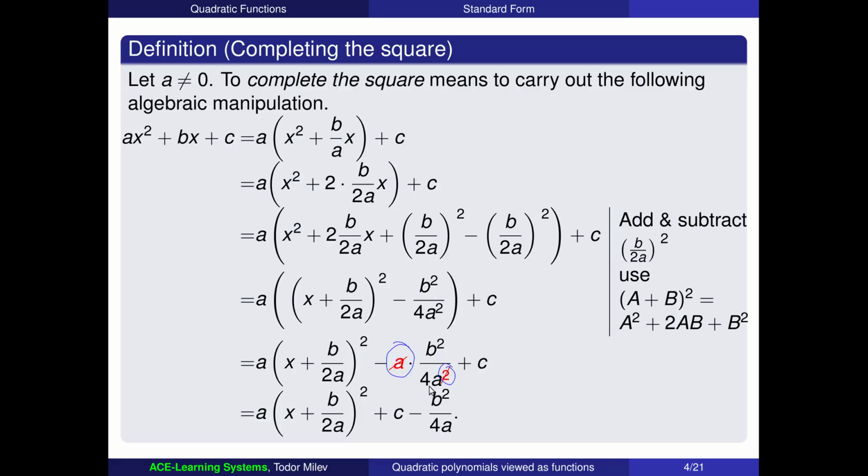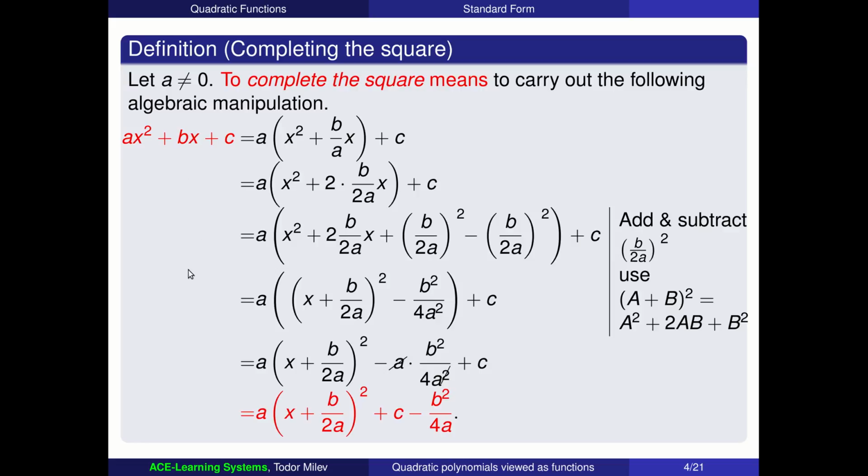Here we have a squared, we can cancel one of the a's with this a here. And we're left with the final expression which stands for completing the square. So we're left with the expression a times (x plus b over 2a) squared plus c minus b squared over 4a, equal to ax squared plus bx plus c.